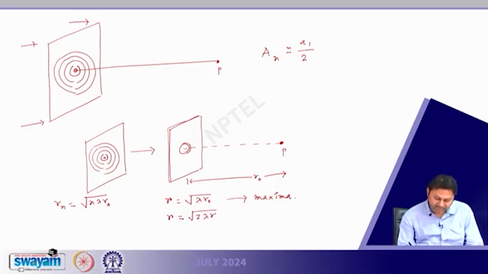That means I am increasing the aperture from root over lambda r naught to root over of 2 lambda r naught. Then in the first case only one zone is allowed to pass through this aperture, but in the next case 2 zones are allowed to pass through. And we know that when there are 2 zones, an even number of zones passing through, the contribution of the amplitude is such that they are cancelling each other. And if that is the case, here we are going to get a minima. That is a very interesting kind of result.